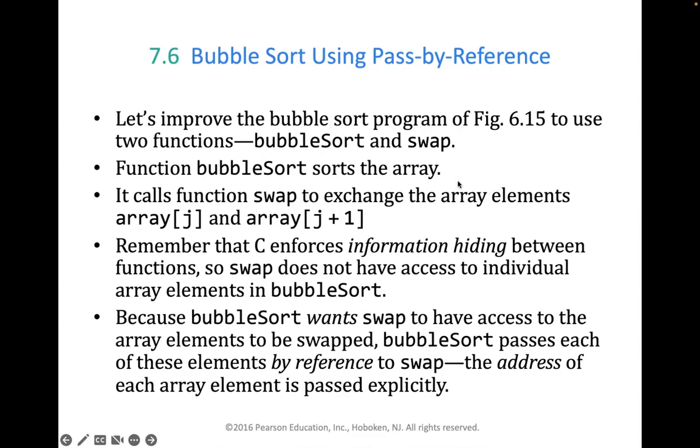Passed by reference, we send the memory address of the parameter to the function. Okay, so they are different. So bubble sort calls swap, and to swap the elements we use pass by reference. This means we will use the memory address of each array element.